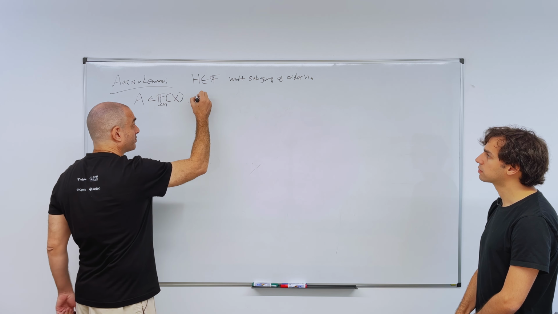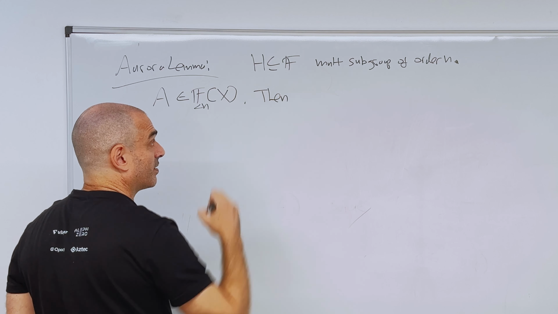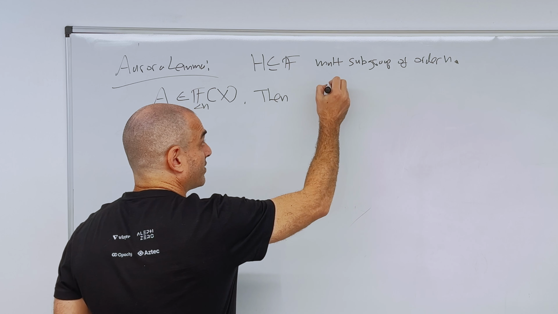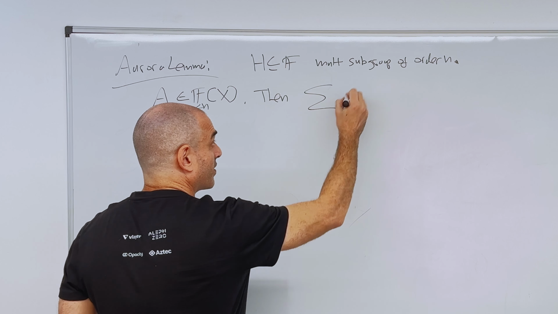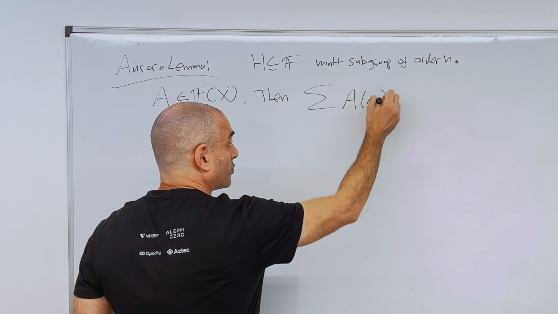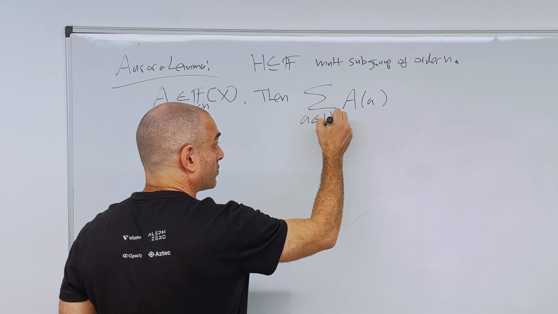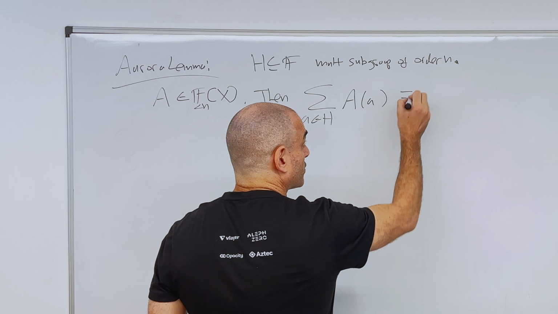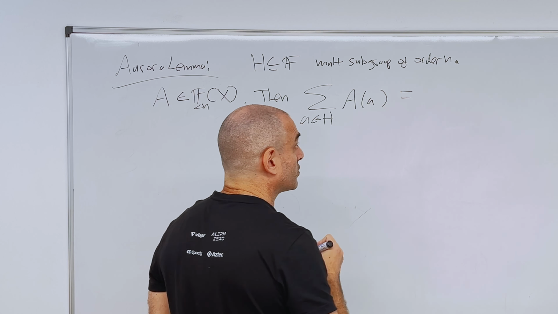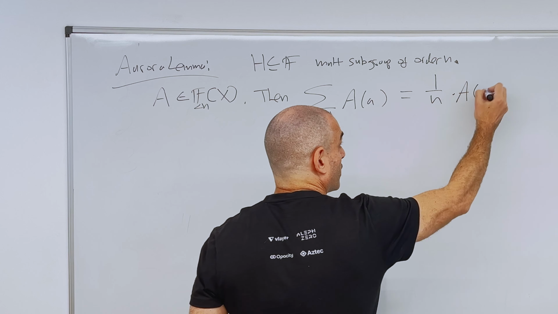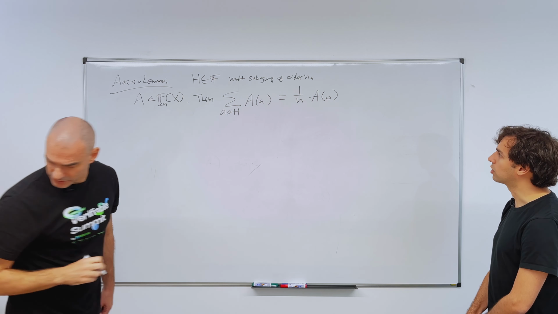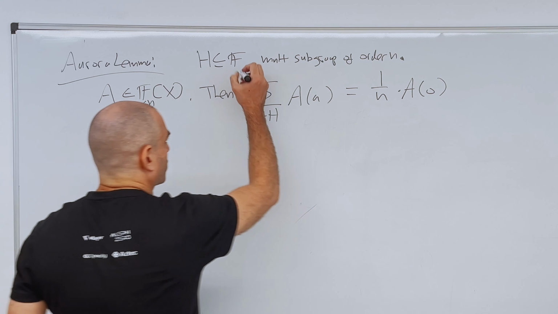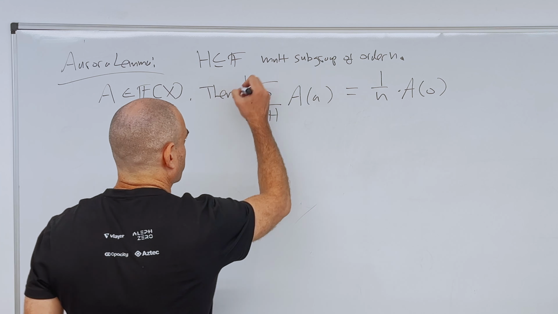Then, if we look at the sum of A's values over H, this is simply equal to 1 over n times A(0). Sorry, the 1 over n is here.